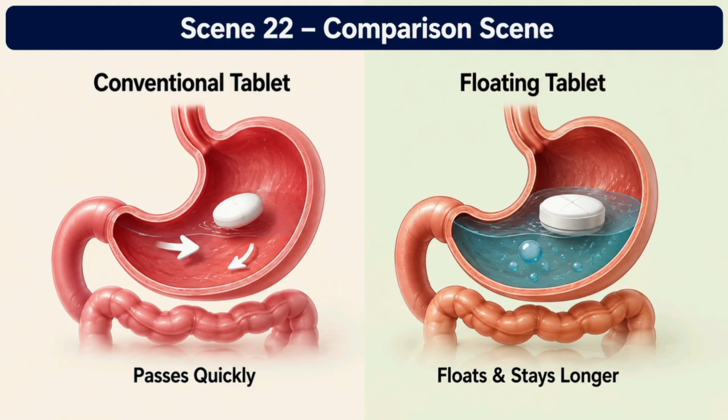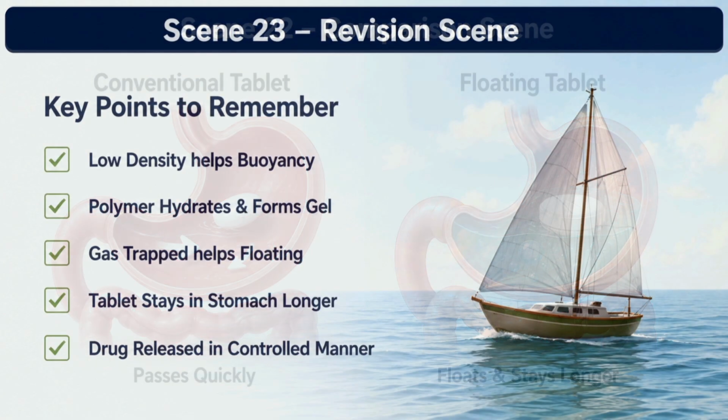Students, I want one side of the class to say conventional tablet and the other side floating tablet. Conventional group, what happens? Passes onwards. Okay, floating group, what happens? Floats and stays longer here. Excellent, no? This simple comparison can be very useful during revision.